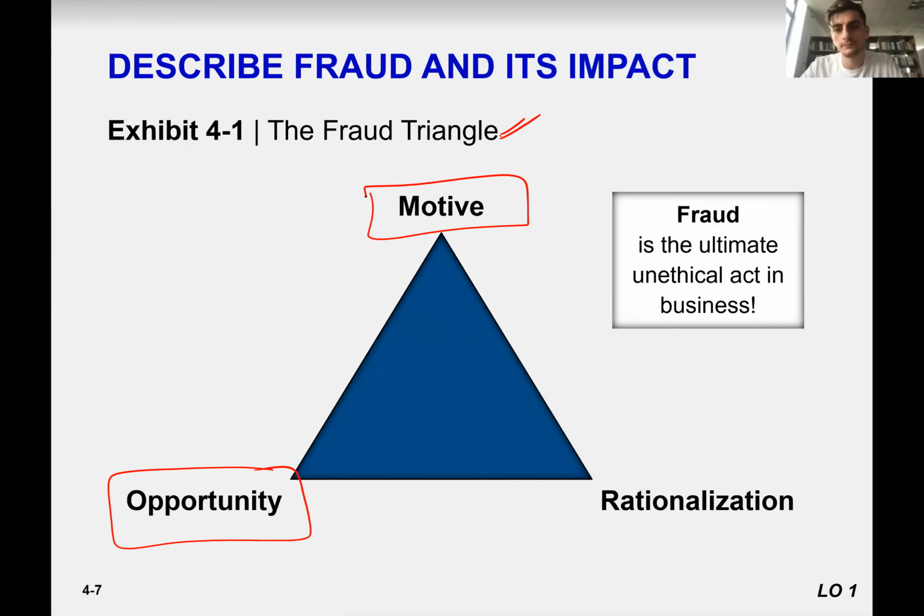Motive can be different. Maybe you want to defame someone, or you think the company is not giving you enough salary, taking you from 9 to 9, 9 to 10, or you work 14 hours but your salary is not justified. So it's better to steal something or commit some fraud, and you say that it is justified. The third one is rationalization, which means if I don't do that, somebody else would.